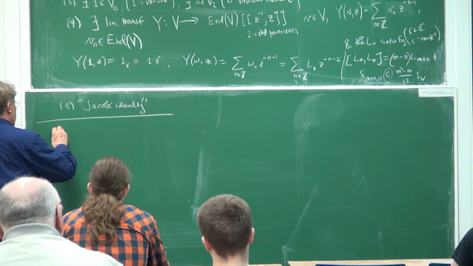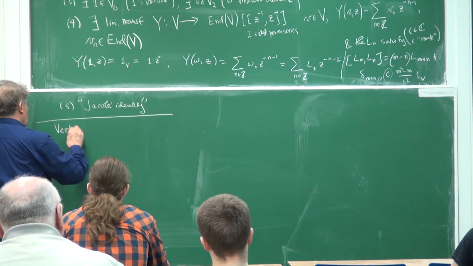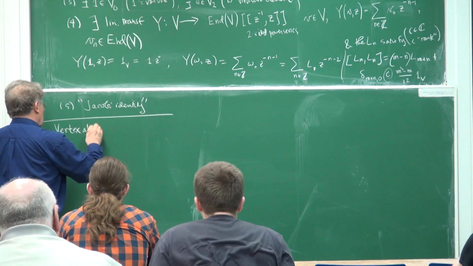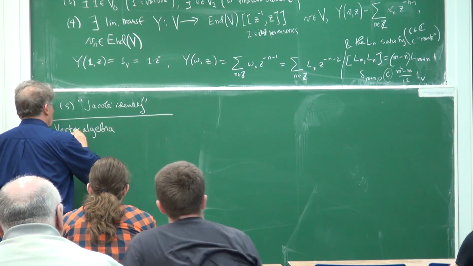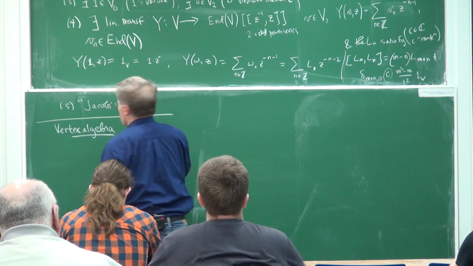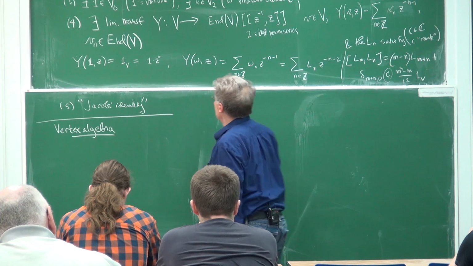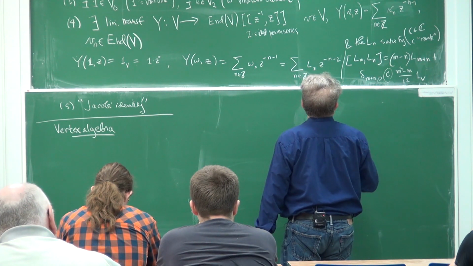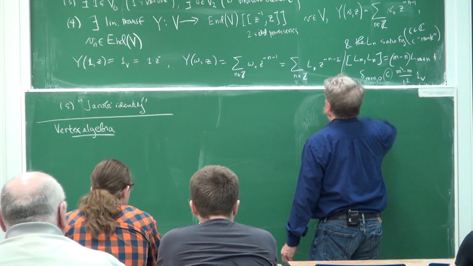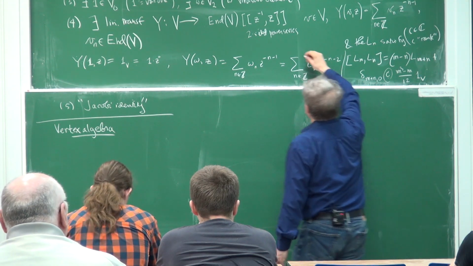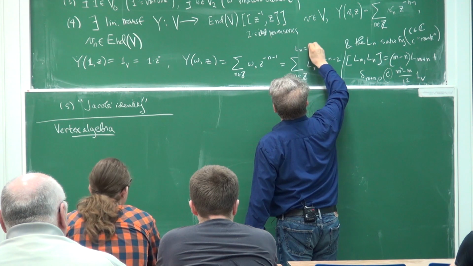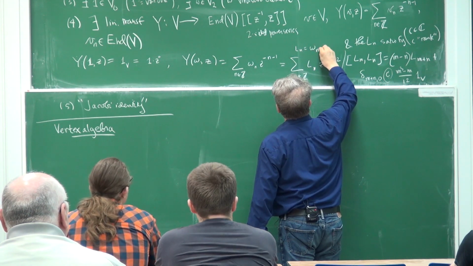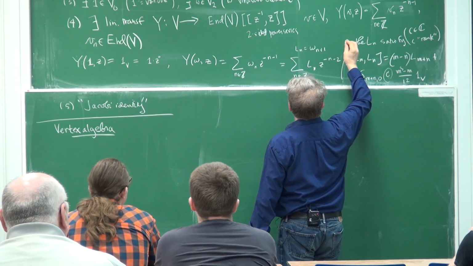Okay, now a vertex algebra. What is the difference between summation omega n and summation l n? I'm sorry, what's the difference? Well, I just define this to be, let's see, is that right? Yes.